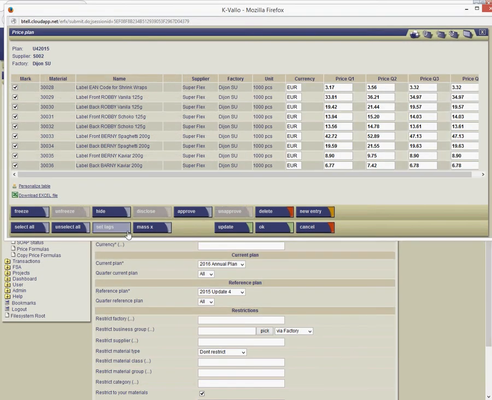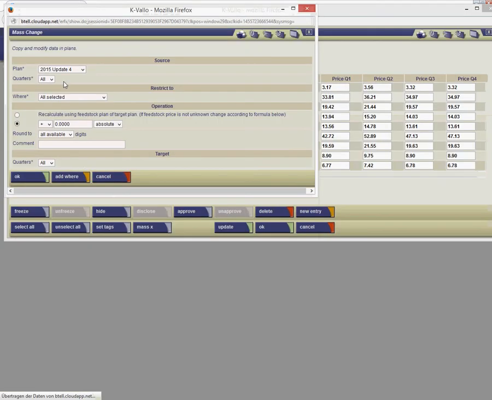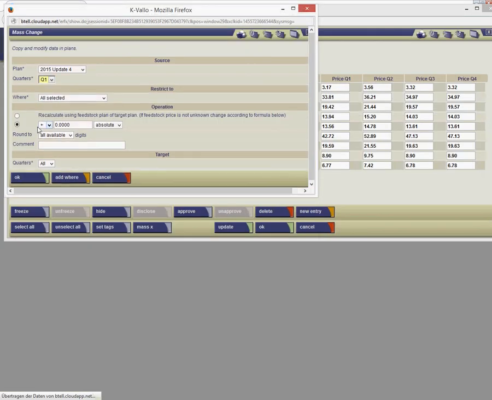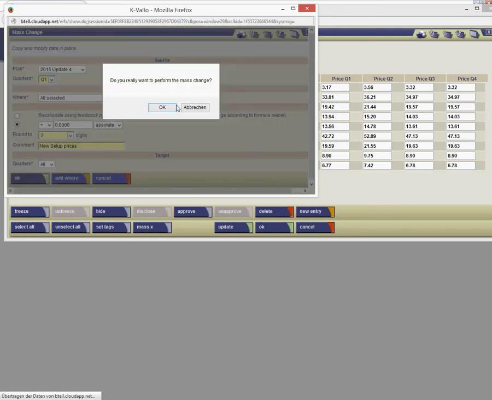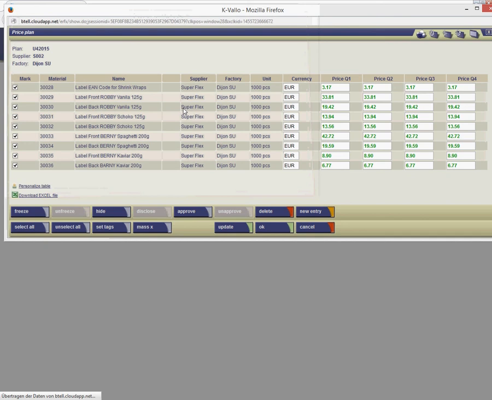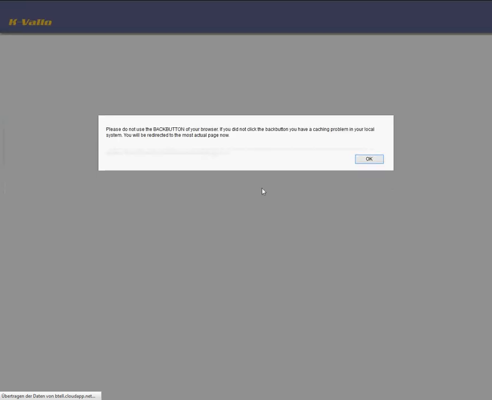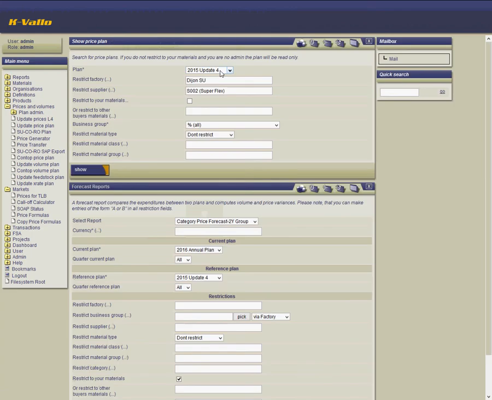So select all, mass change. We copy from Q1 to Q4. And what we say is new setup prices. So those are the new prices, and they are now updated in this price plan.